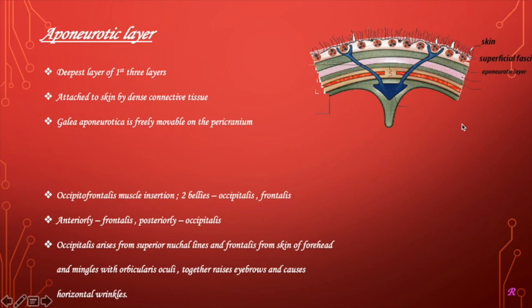The other name of aponeurotic layer is Galea aponeurotica. It is freely movable on the pericranium. Pericranium is the fifth layer of scalp.